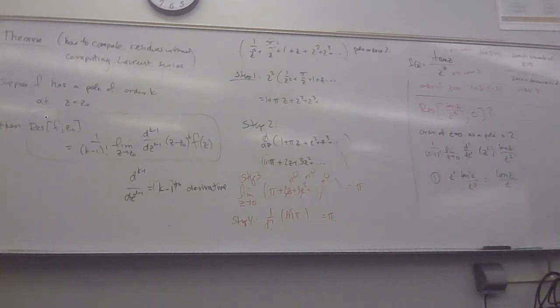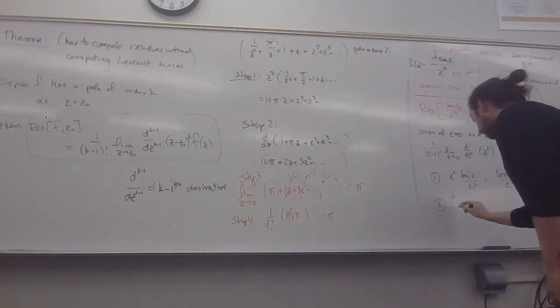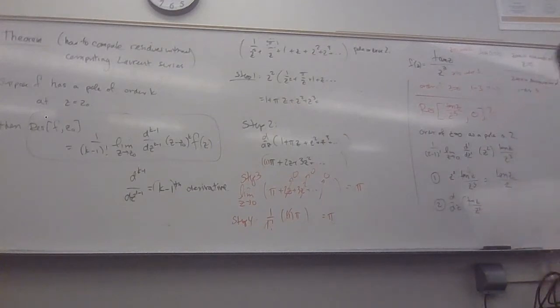Step 2 says that I'm supposed to take the derivative of that thing, d by dz of tangent z over z, is equal to, oh man, really? Secant squared z with a z in front of it minus tangent z all over z squared, because you got to use the quotient rule. Still better than Laurent series, I promise.